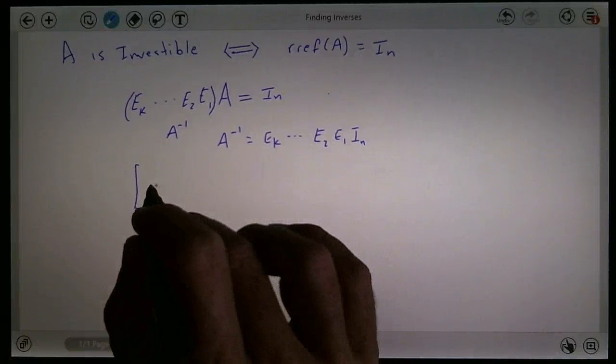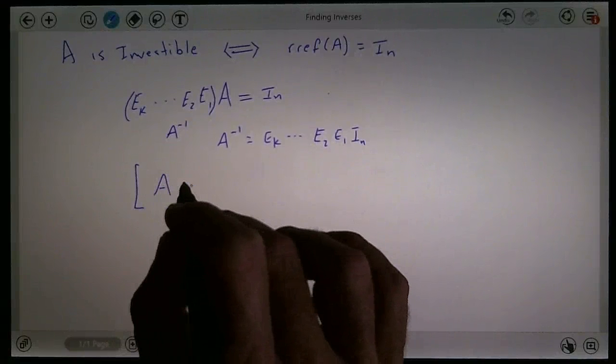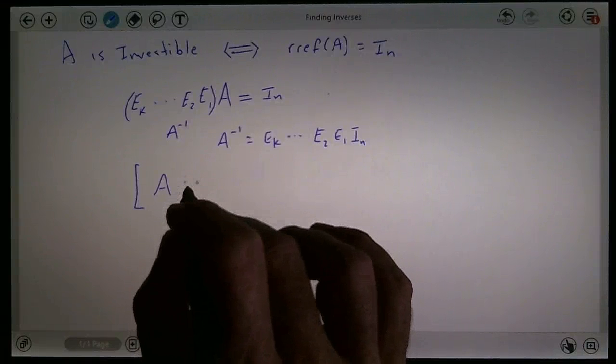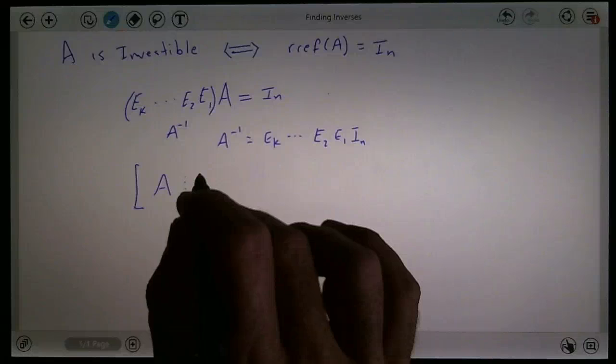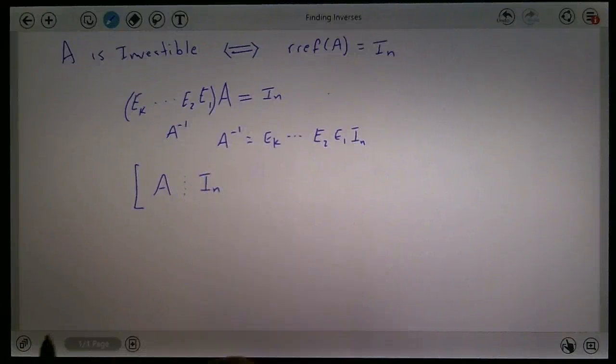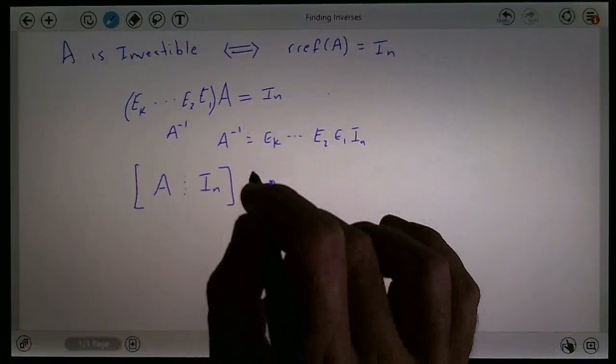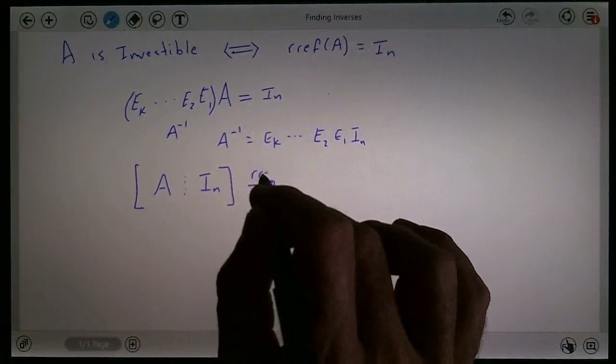Make a big matrix. Take matrix A and stick next to it an identity matrix, and then put it into reduced row echelon form.